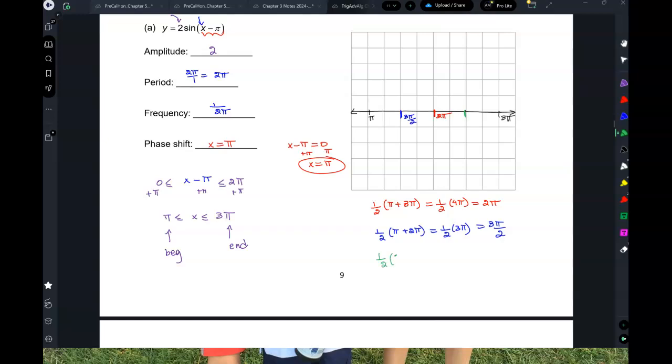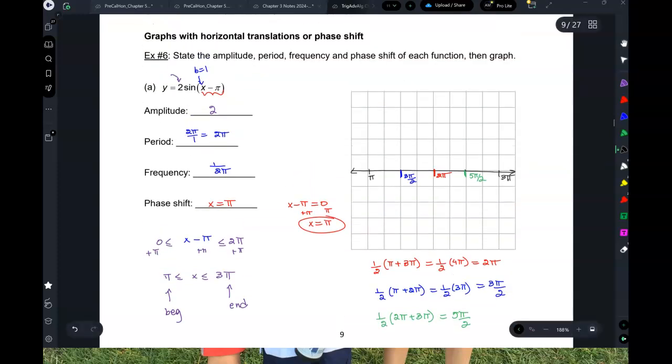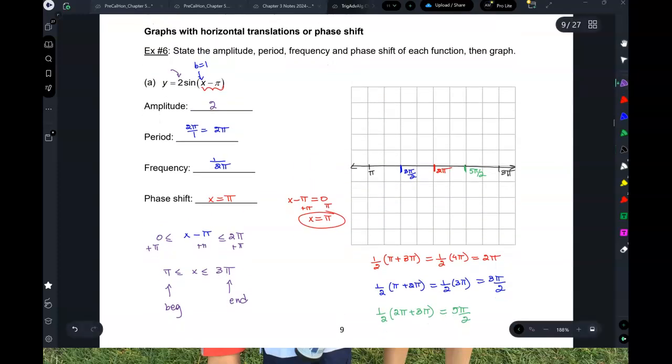Half of 2 pi plus 3 pi, 5 pi over 2. Okay. Is 0 one of these points? No, so we're not going to put a y-axis. All right? So we're graphing a sine with an amplitude of 2.